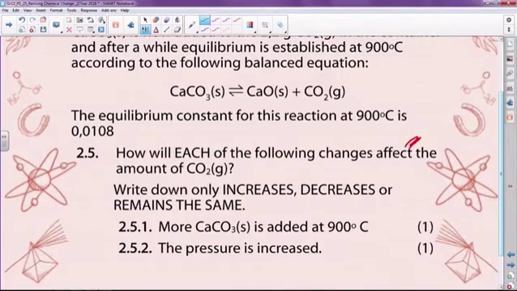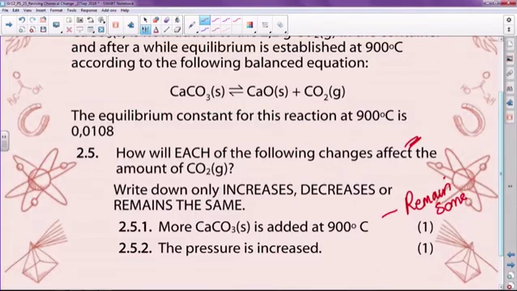If we add more calcium carbonate at 900 degrees Celsius, well, nothing's going to happen. It's going to remain the same because the equilibrium constant is the same, all right? It doesn't change the fact that we're going to get to a final concentration of 0,0108 because the equilibrium constant doesn't change because we didn't change temperature.